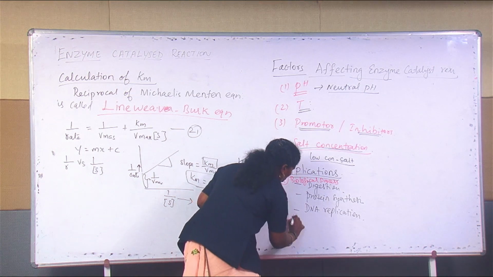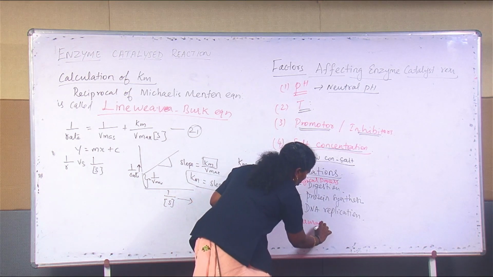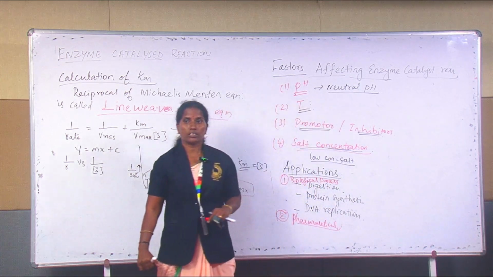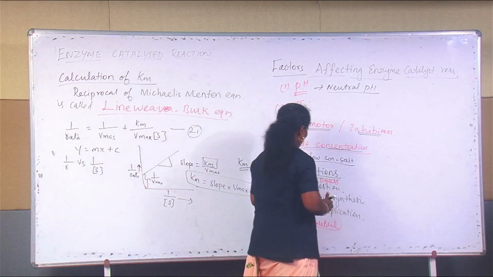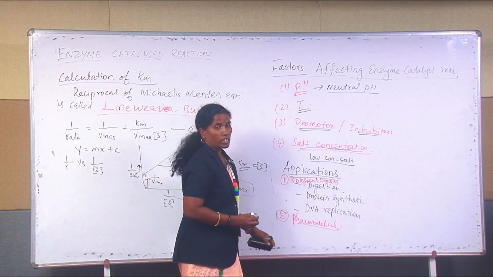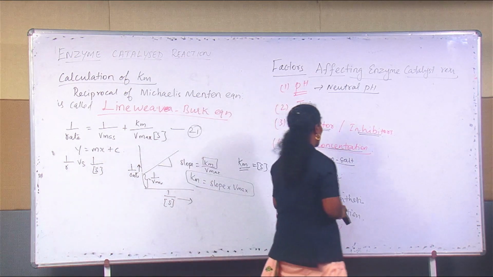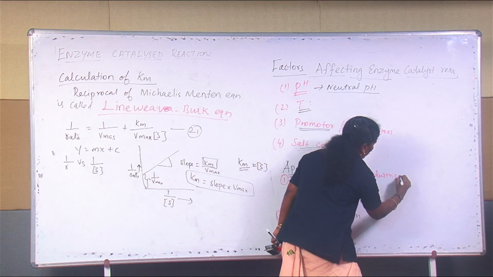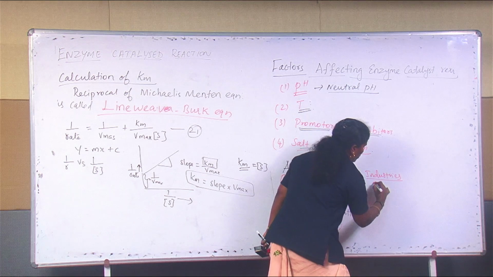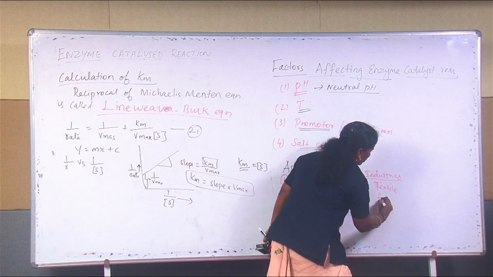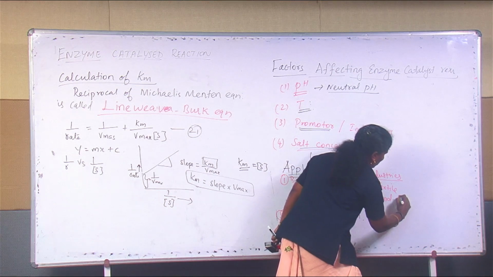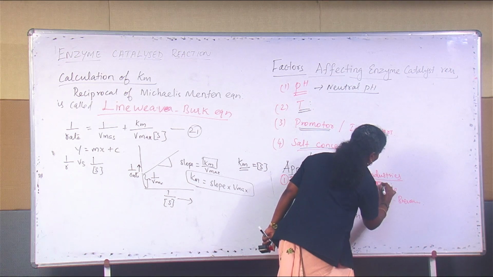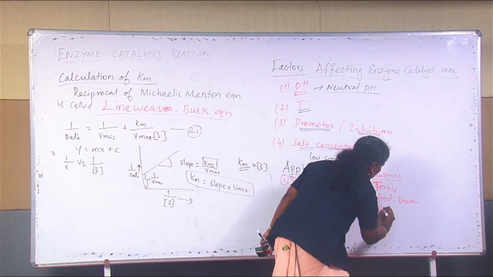Second application, it is used in pharmaceuticals, for making drugs, and in wound healing. Enzyme catalysts are also used in various industries like textile, food and flavor, food and breweries, and biofuel industries.